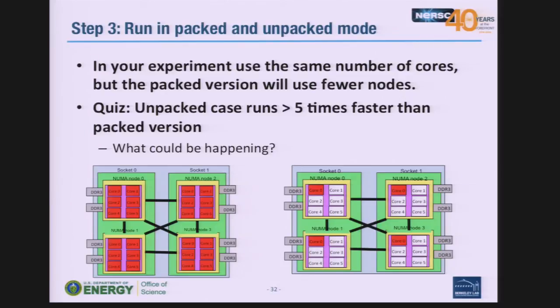So why does this help you with an advanced architecture that has 2 levels of memory? Well, what would you do now if this unpacked case runs a lot faster and you have these 2 levels of memory on the Knight's Landing?